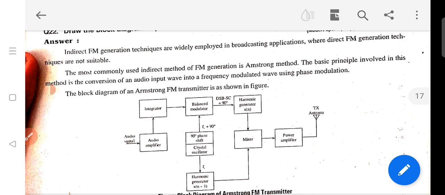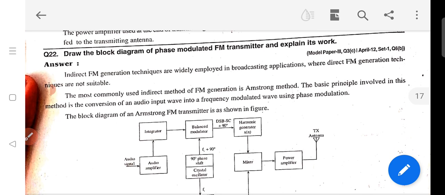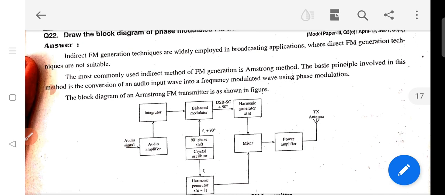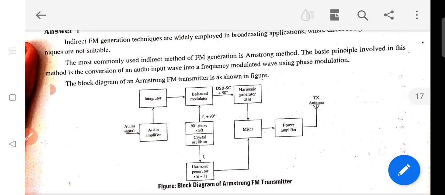Using that Armstrong method only, they design the FM transmitter. In the Armstrong method, which we already discussed in the previous class, FM generation occurs using phase modulation.